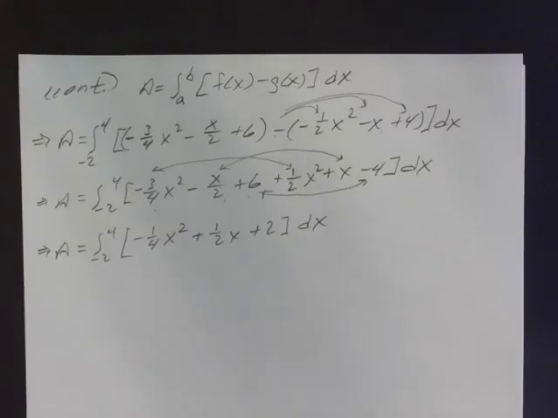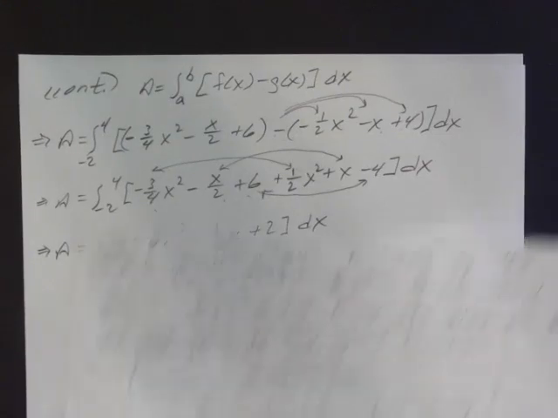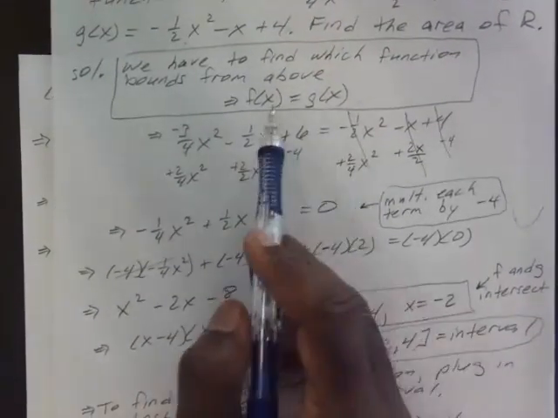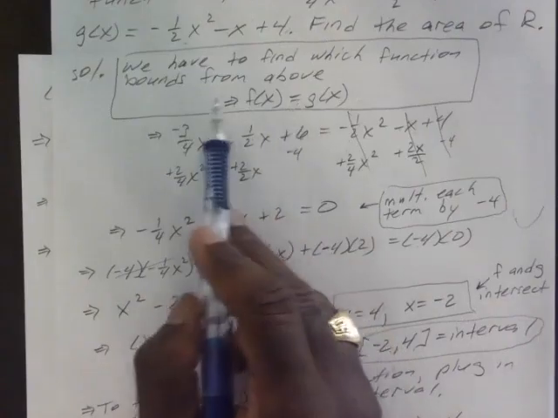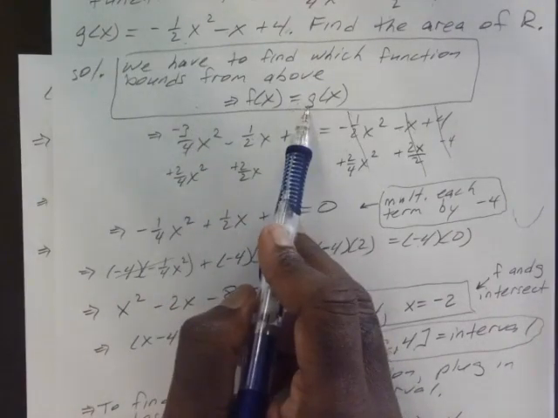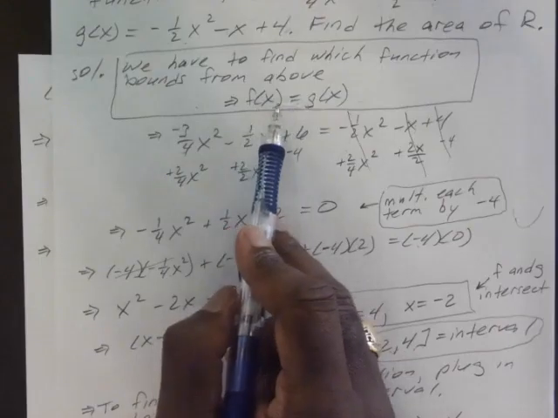I'm going to show you a possible shortcut, and sometimes it works, sometimes it doesn't, depending on how lucky you get. I'm just going to cover this for 1 second. Now over here, when we brought everything over to the left side, basically we subtracted g of x. So it became f of x minus g of x.